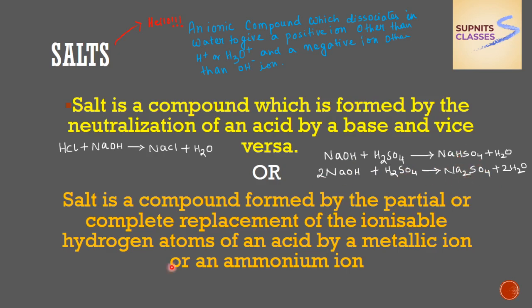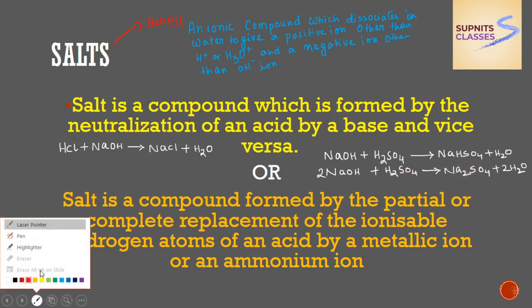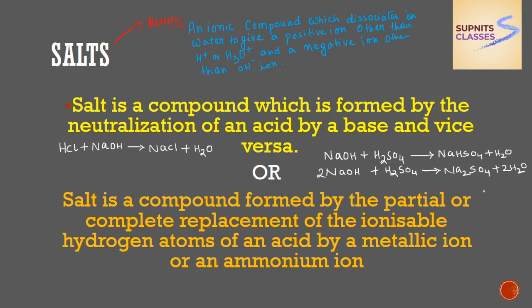Now this salt that you can see as Na2SO4, this one is a normal salt. We are going to study this in detail. But this salt which still has an H plus ion inside it, if you dissolve it in water, you will get H plus, Na plus and SO4 2 minus. This is called acid salt. Clear?